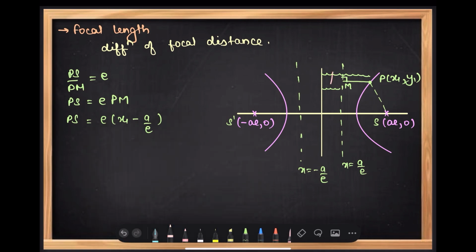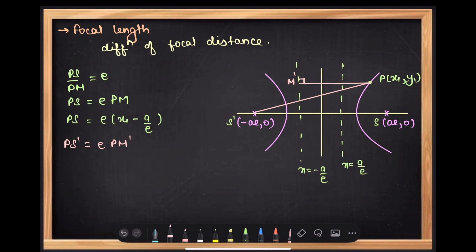Now forget about these things and think about this situation. Now this distance I want to calculate. We will not go with PS, rather we will go with PM, so this time it is M. You know that PS dash is e times PM.